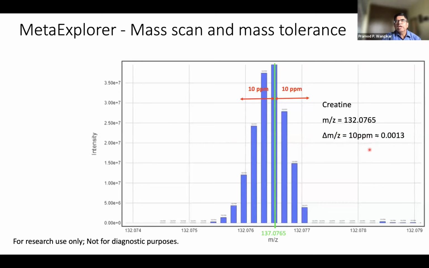And based on such analysis, which you can do using our software, you can decide what should be the mass error. Obviously, if you use lesser mass error, you are going to ignore certain data. If you use much larger mass error, you are going to start capturing noise into your data analysis.